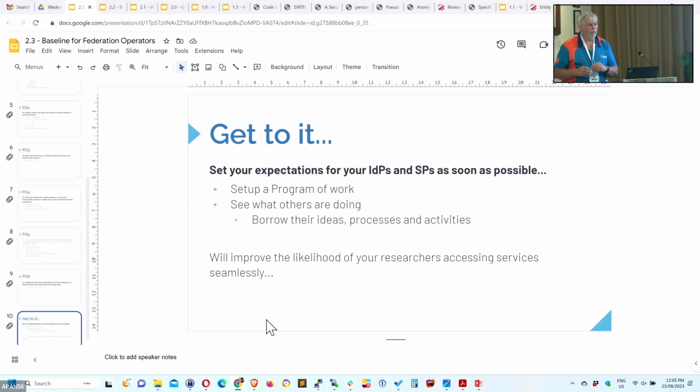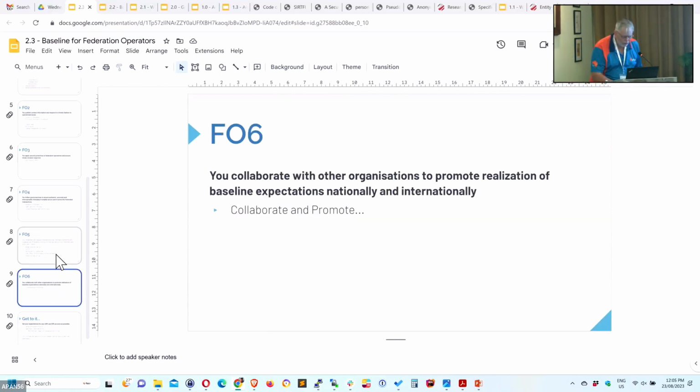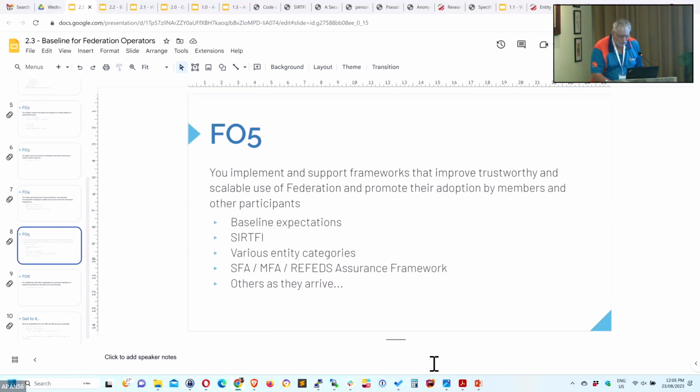Not really, no. The only thing that would be in there is implementing support frameworks.